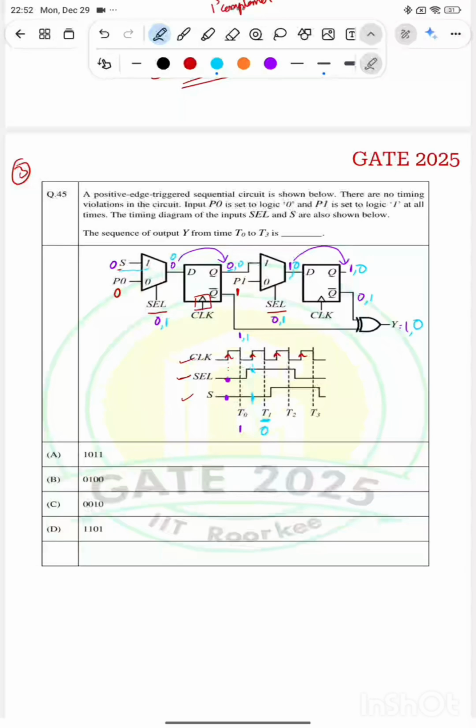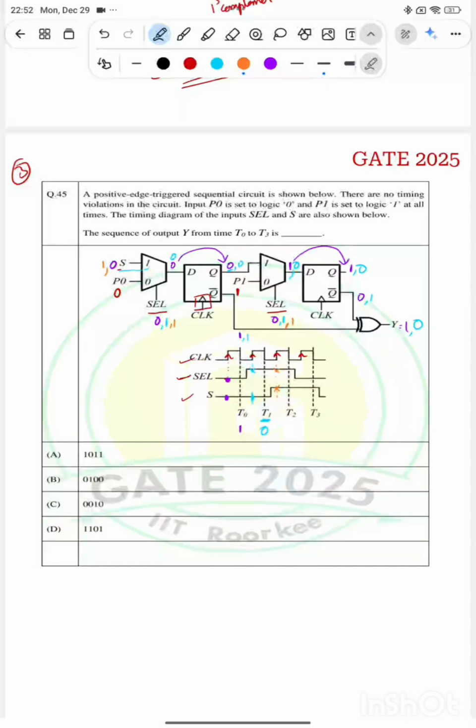Now we will see at the next rising edge. So I will take this orange color. So what happens at this rising edge? Here SCL is 1 and S is 1. So S here is 1 now. And SCL is 1.